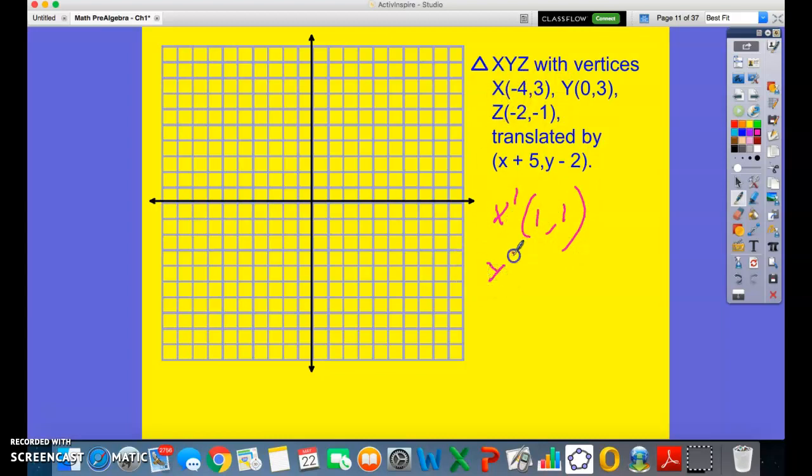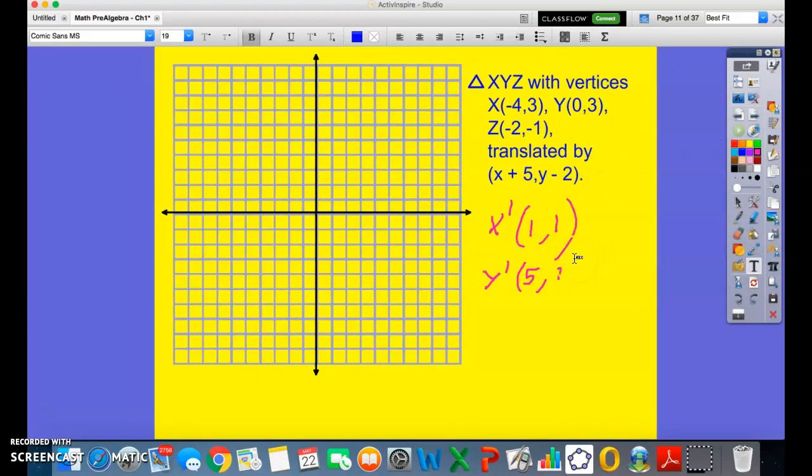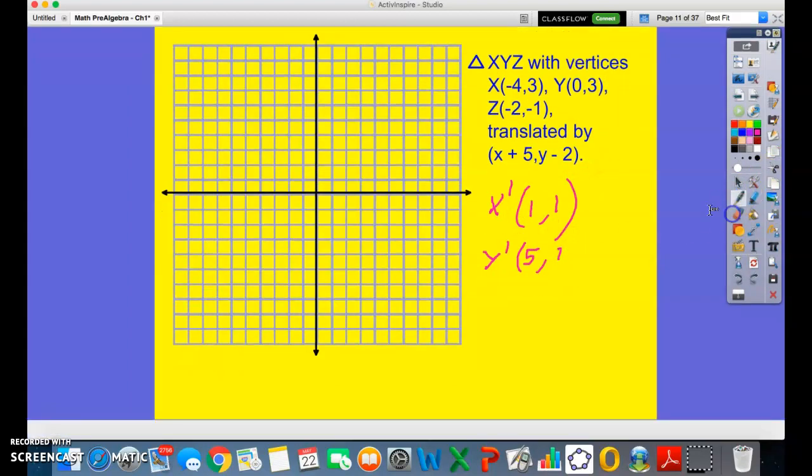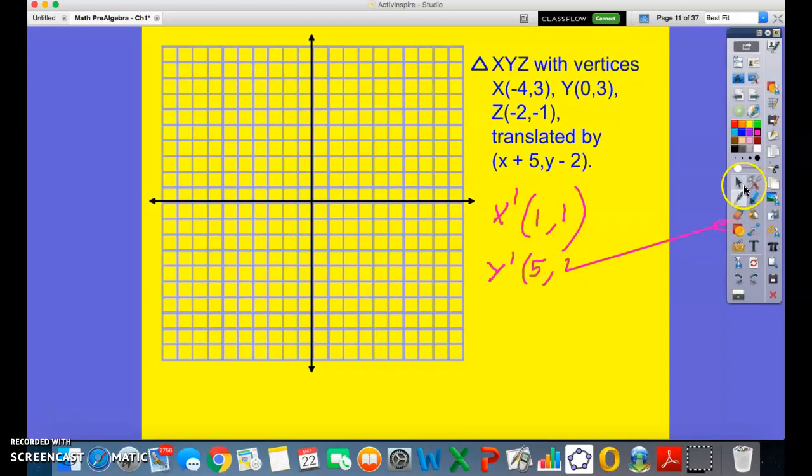And Y prime will be: the x coordinate changes by 5 and the y coordinate decreases by 2. So 0 plus 5 is 5, and the y coordinate decreases by 2, so 3 minus 2 is 1. Sorry.